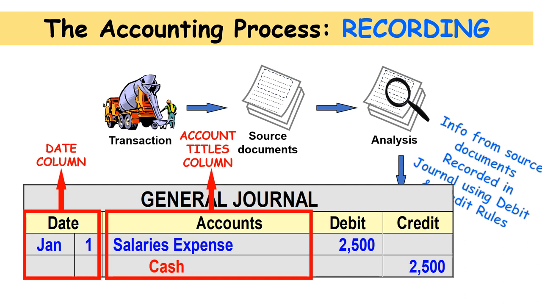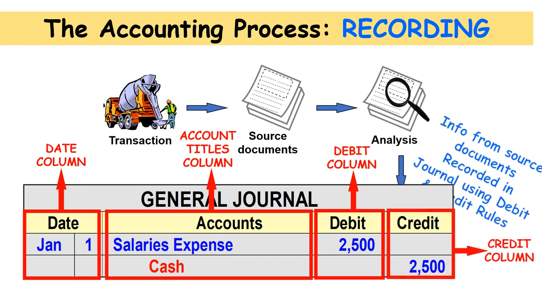So out of those five things, what are the specific names of the accounts involved? You'll put them in here. We always start with the debit line first, and then we'll put the credit line next. There is a column for the debit amount and a column for the credit amount. So this is how a journal looks. And now we will be continuing with some examples to make journal entries.